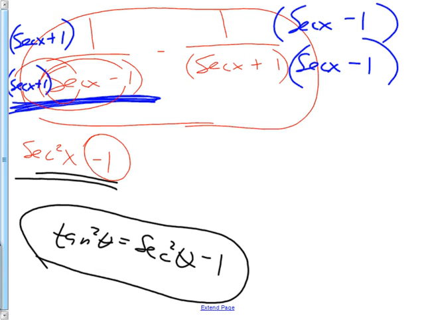When you do this, I'm going to do it over here because it's easier to read. Get how I have to do the first, outside, inside, last? The firsts give me my secant squared x. My outside and my inside cancel. Have you figured that part out yet? Then what are the lasts? 1 times negative 1 is negative 1. So my denominator is secant squared x minus 1.